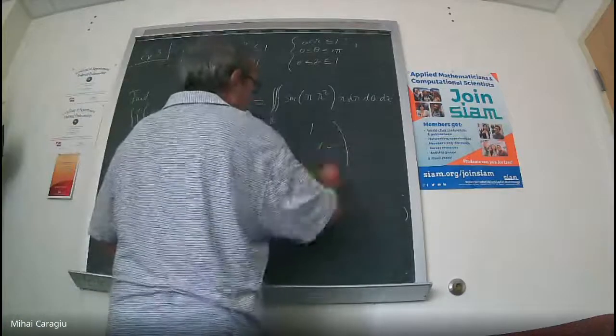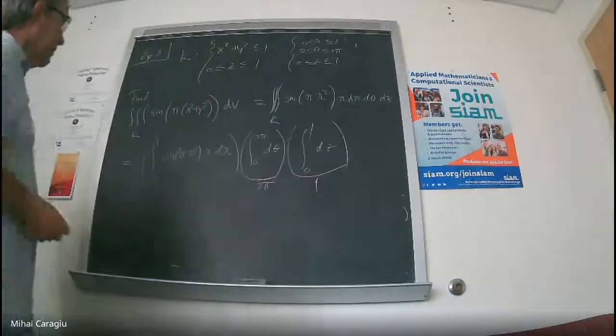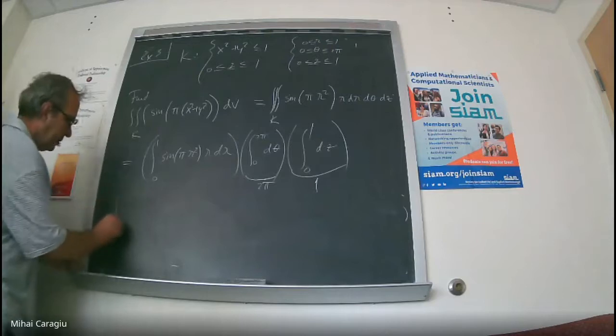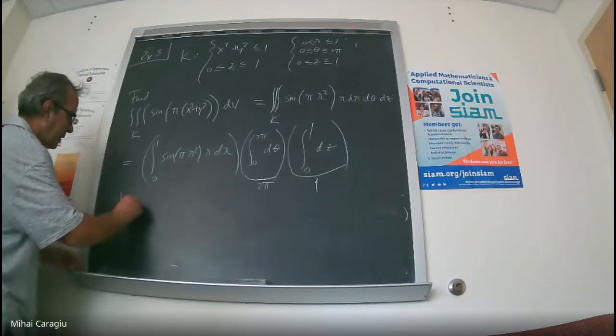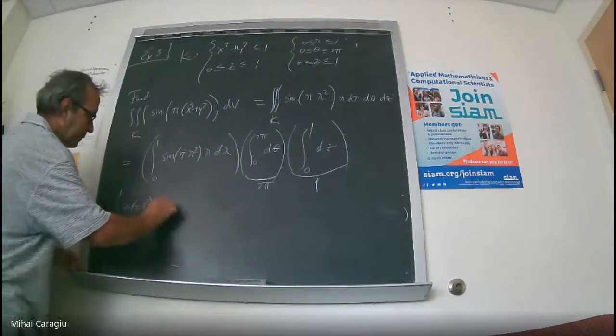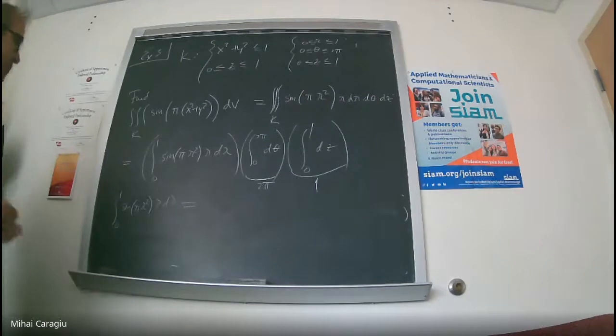Now this will be 1, this will be 2 pi. And the only thing which needs some attention is this one, the integral from 0 to 1 of sine of pi r squared times r dr. Let's do a substitution. Pi r squared equals u.